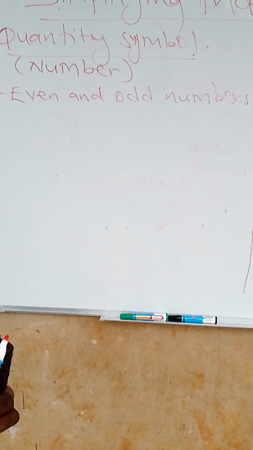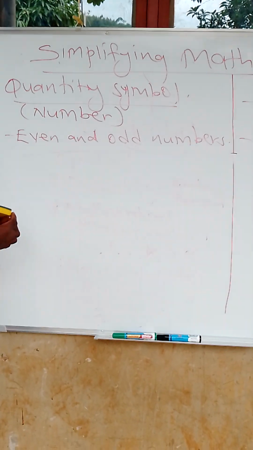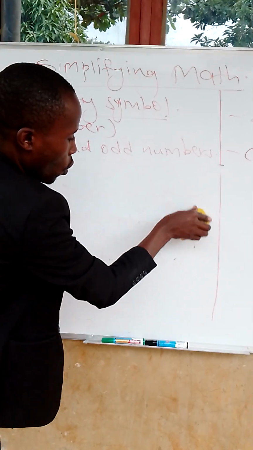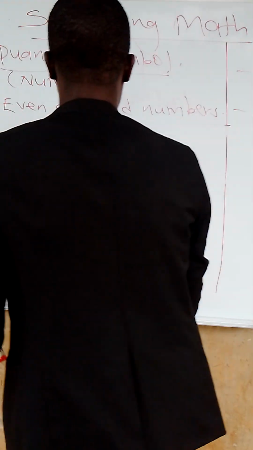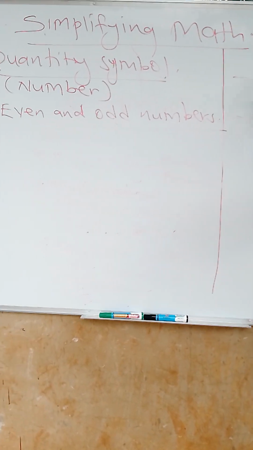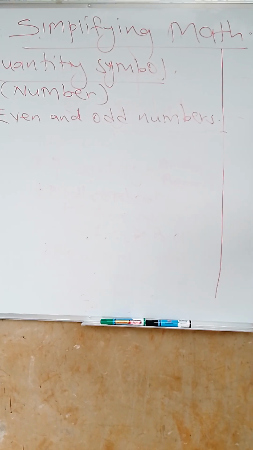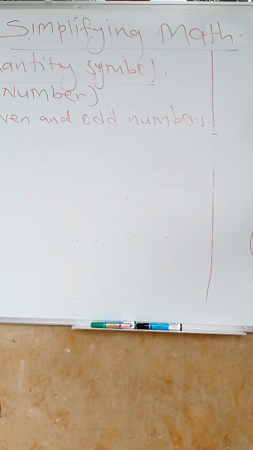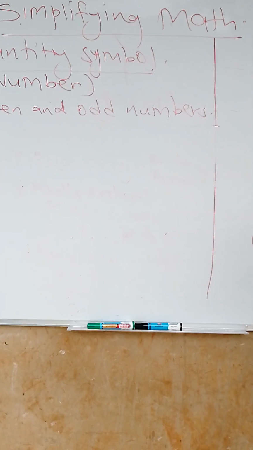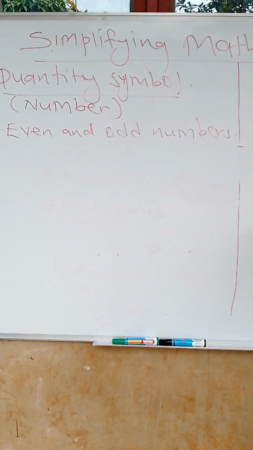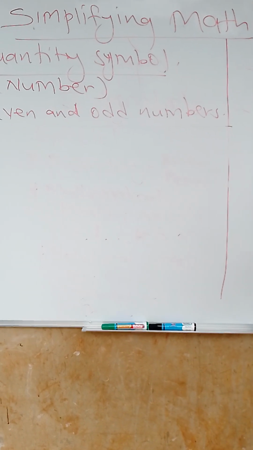How do you determine the even numbers and the odd numbers? These are determined by the divisor, or what we call the factor, 2. What is a factor? We all know a factor is a number that divides a number.